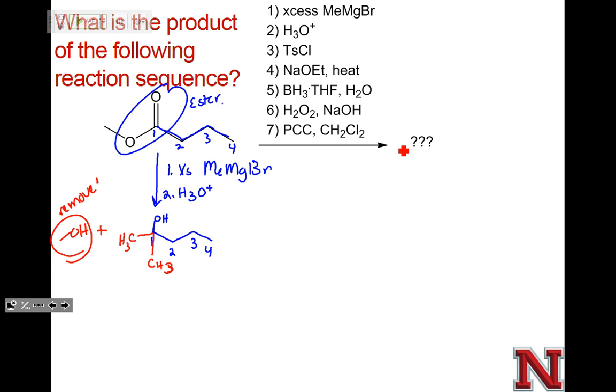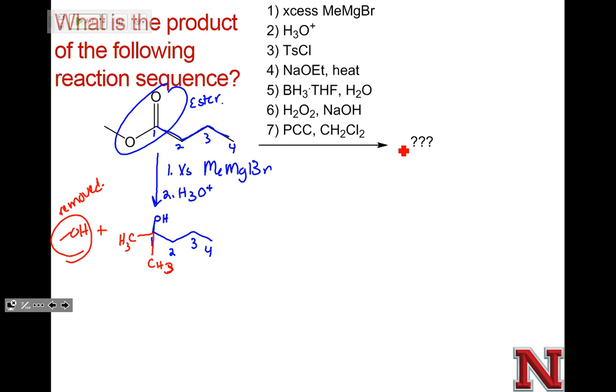It has a low boiling point. It'll be removed in the first step where we're going to be isolating the product. Now this is a tertiary alcohol. That's what we see there. And we will get the 2 additions because we have an ester.